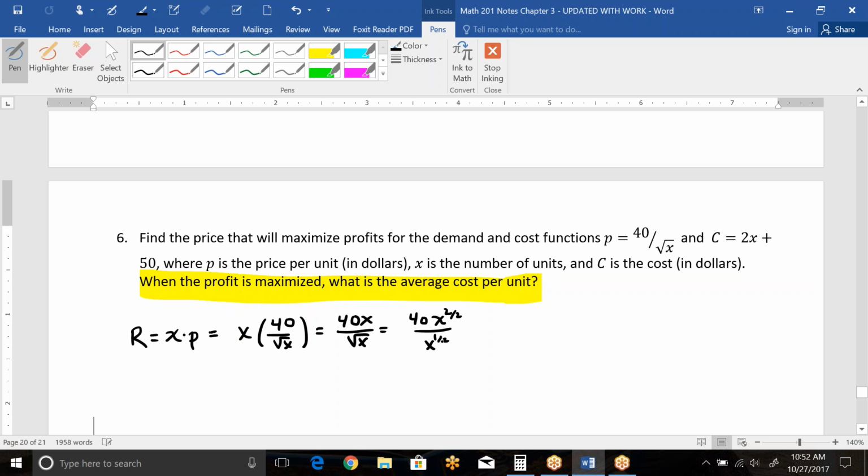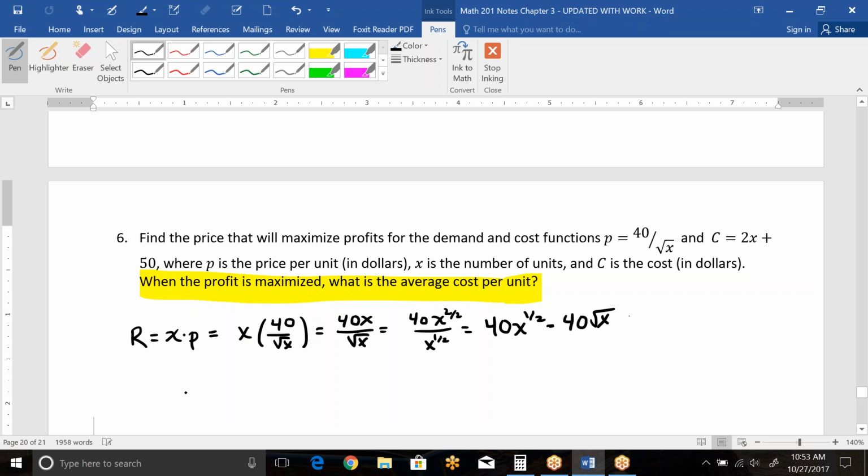I chose 2 over 2 since the bottom has a 2 for its denominator. And then we can use the rule that says you can subtract exponents. So this is actually just 40 times x to the 2 over 2 minus 1 over 2, which is 1/2. So my revenue function is just 40 times the square root of x, or 40 times x to the 1/2, if you want to write it that way.